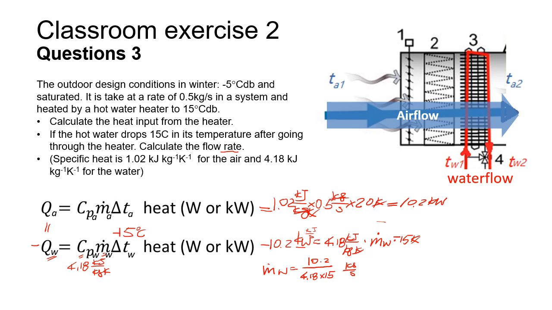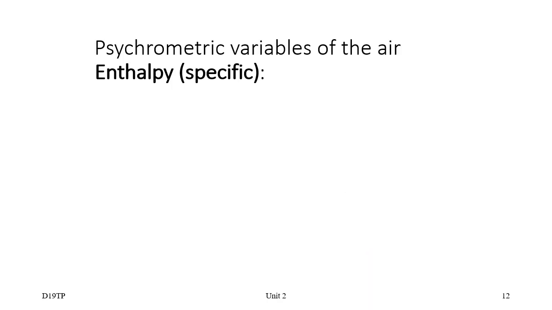If you think about this device in our laboratory, the heater will be charged by electricity, and we can measure the current and the voltage. So we know how much power input, and we can calculate the heat input by the electric heating coil, and we can estimate the heat gained by the air. Okay, so that is one of the many applications. Earlier we said that enthalpy is a new concept.